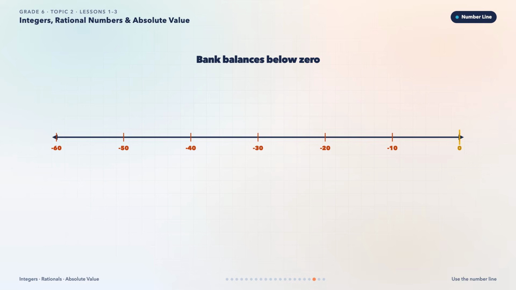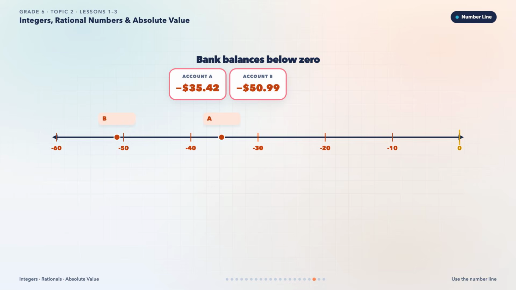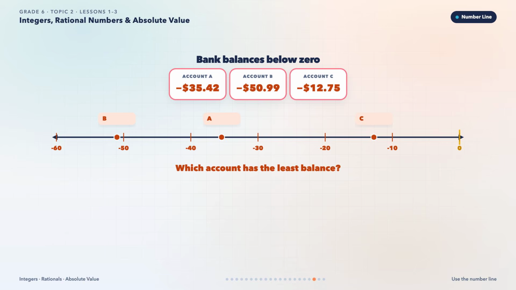A bank account example. Account A, negative $35.42. Account B, negative $50.99. Account C, negative $12.75. Which account has the least balance?